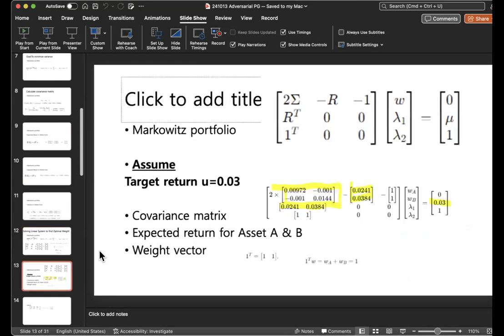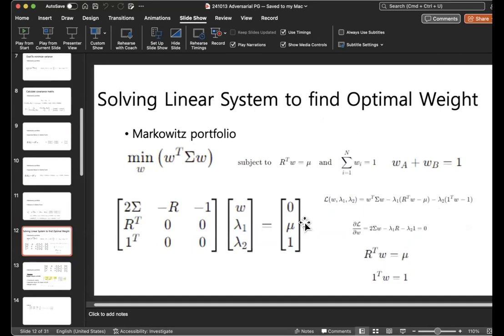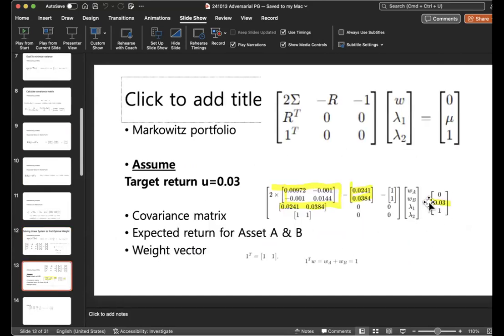One important thing is that the other values are calculated, but the expected return here, this is U, is the expected return that we want. So maybe we can assume it as 0.1, but in this calculation, I suppose it as 0.03.